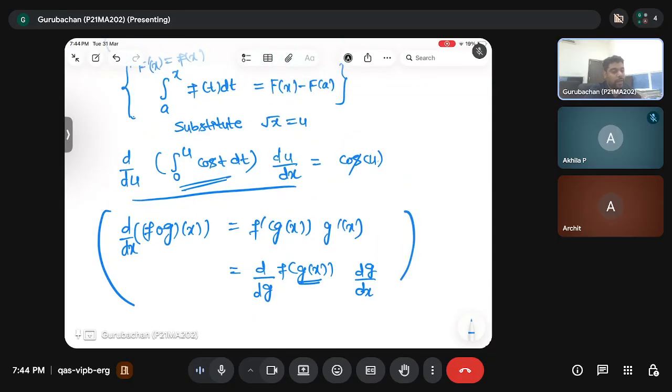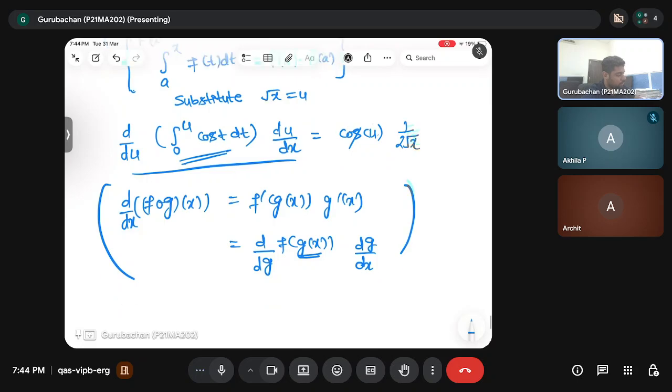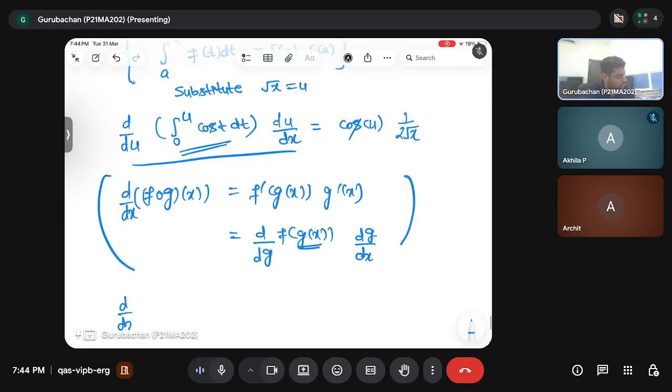So what is du by dx? 1 by 2 under root x. So the derivative of the integral from 0 to under root x of cos of t dt is nothing but cos of under root x divided by 2 under root x. So this is an application of the chain rule combined with the fundamental theorem of calculus.